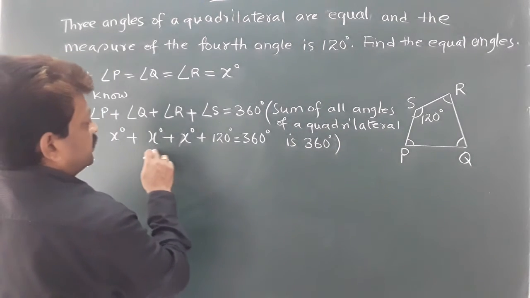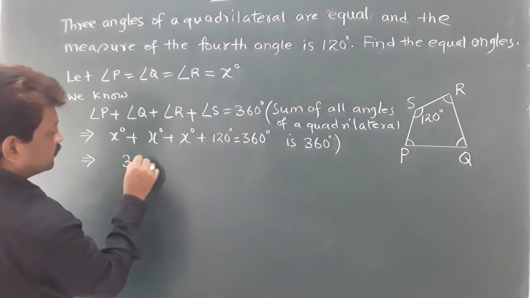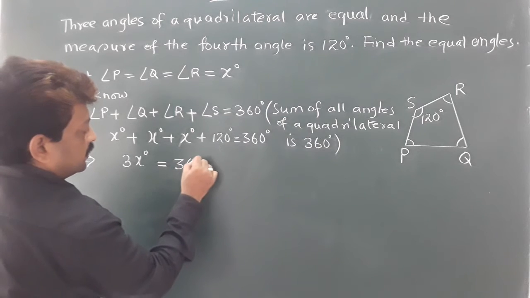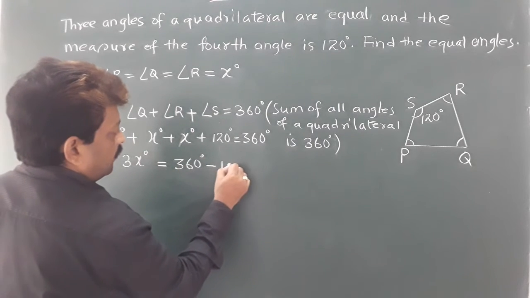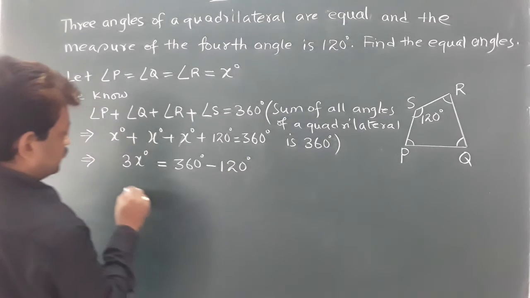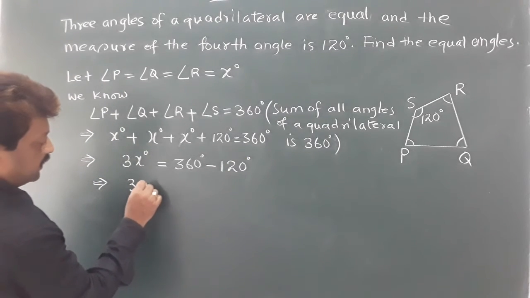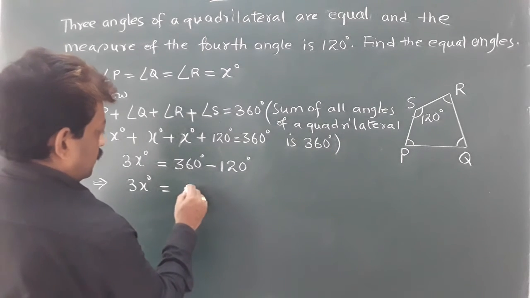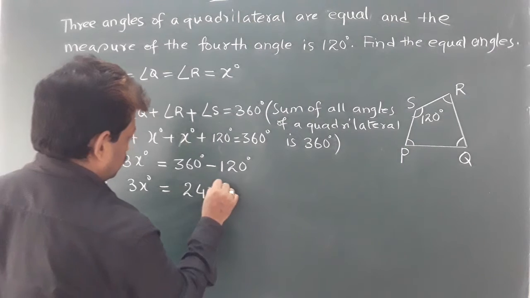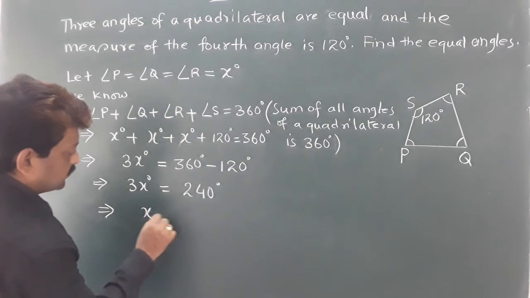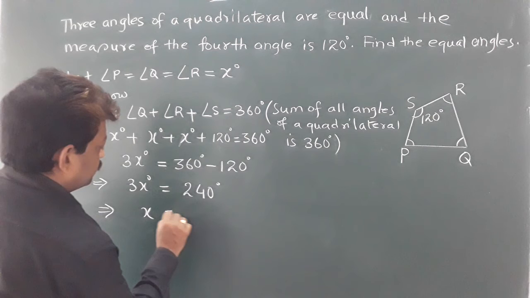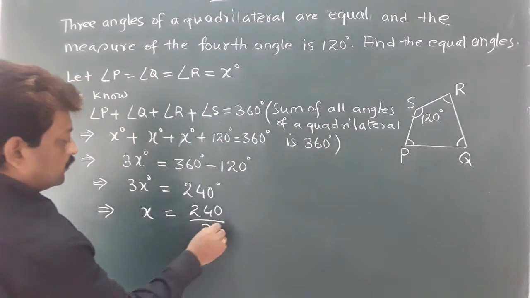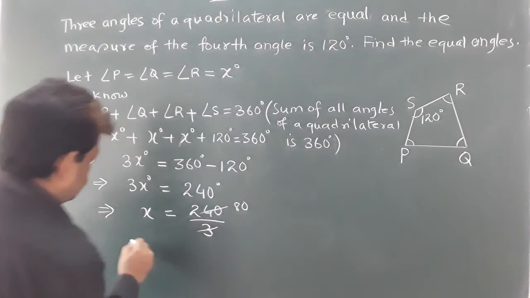So X degrees plus X degrees plus X degrees, that is 3X degrees, equals, this 120 will go to the right hand side, so 360 degrees minus 120 degrees. Therefore we can say 3X degrees is equal to 240 degrees, or X equals 240 divided by 3, that is 80.